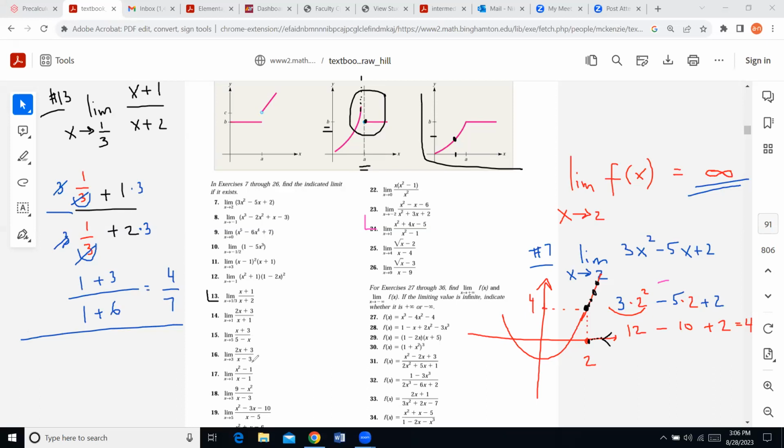What if I try another fractional exercise, let's say exercise number 17? If I try to plug 1 into number 17, I get 1 squared minus 1 divided by 1 minus 1, so we're going to get a 0 on the bottom and 0 on the top.